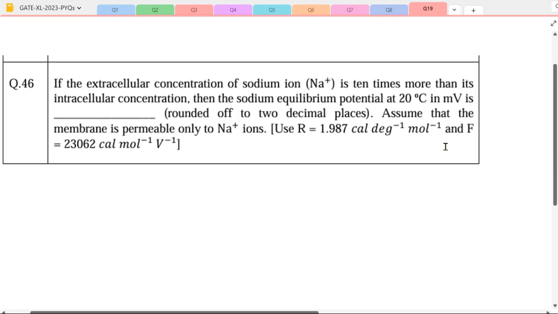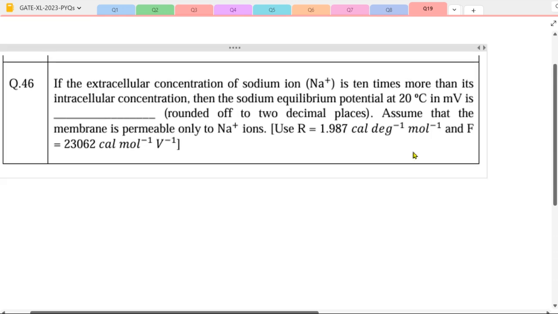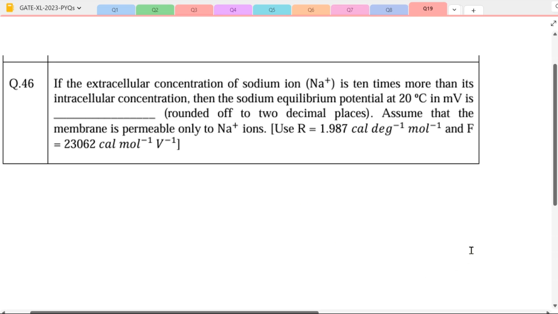Here, if the extracellular concentration of sodium ion is 10 times more than its intracellular concentration, then the sodium equilibrium potential at 20 degrees Celsius in millivolts is what? Assume that the membrane is only permeable to Na plus ions.